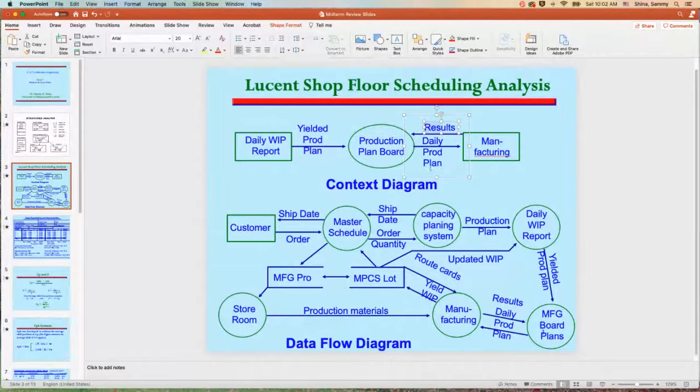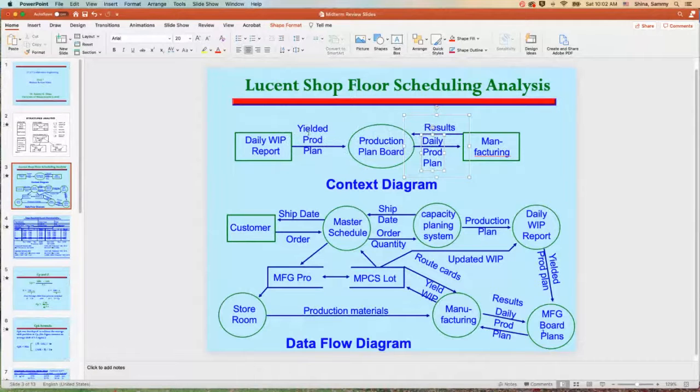So when I go and look at the data flow diagram, I want to see all 3 pieces here, except that the main process, the production planning board, is going to be broken up into more than one process.